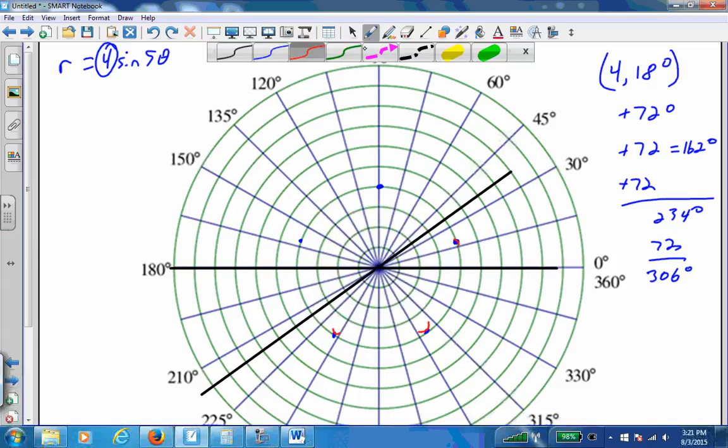Not 36, it was 72 degrees, wasn't it? The tips of the petals were 72 apart. So every time we rotate 72 degrees, we should be tangent again. At 0 degrees, we start out at 0 and we're tangent. Then we get to a tip and we come back and we're tangent. If we rotate 72 degrees from here, we'd be about here.